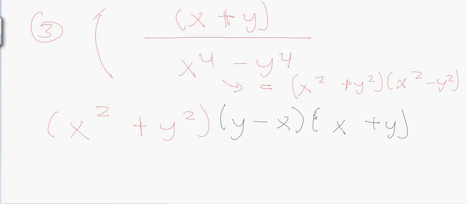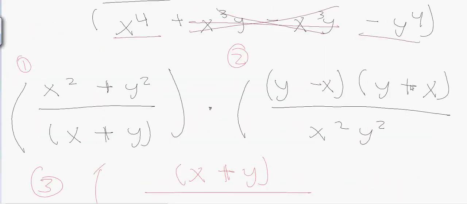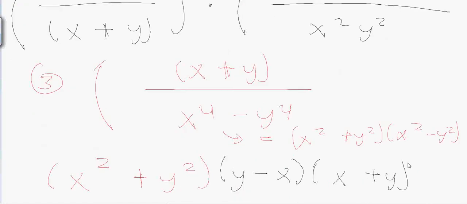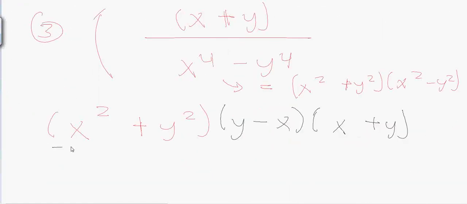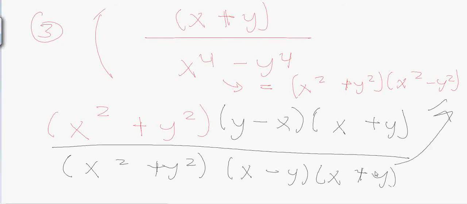Well, if you add a negative to it, right here, it's essentially x plus y, and then this would all be over x squared plus y squared times x minus y, x plus y times right here x squared minus y squared.